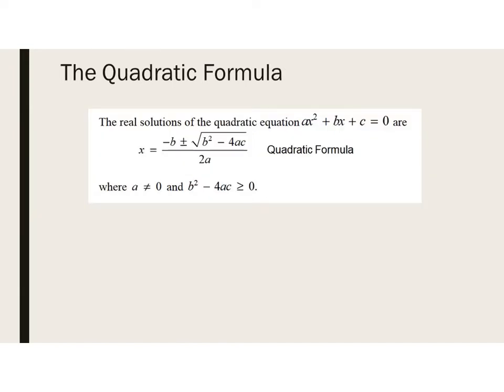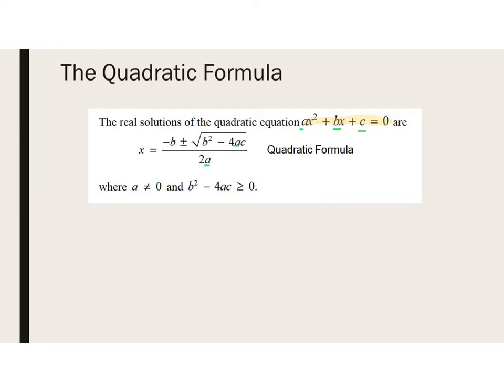Now, one thing to point out is that if you're using the quadratic formula, you have to have your quadratic equation in standard form. So standard form being ax squared plus bx plus c equals 0. It has to equal 0. You are then going to take the a, b, and c, those coefficients, and you're going to plug them in.